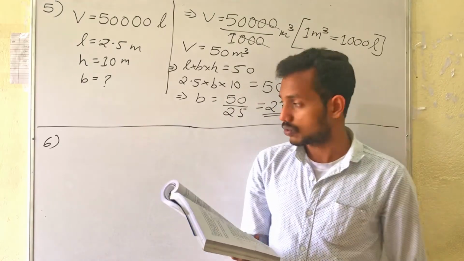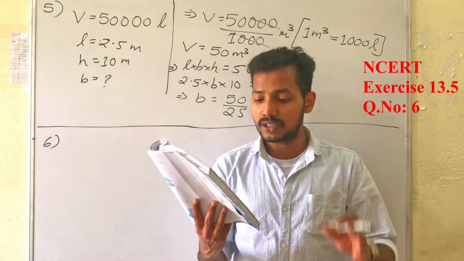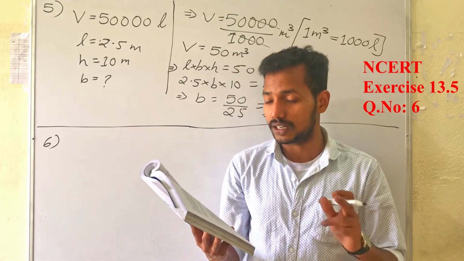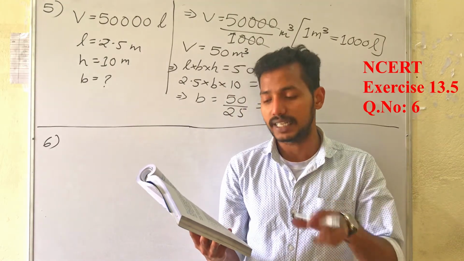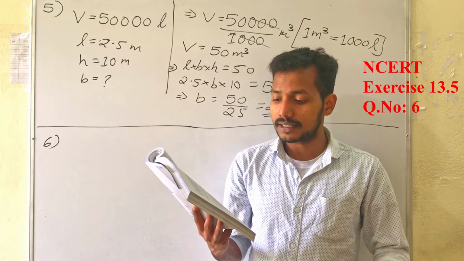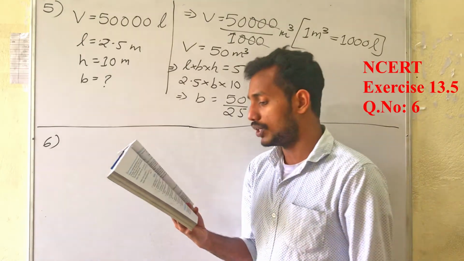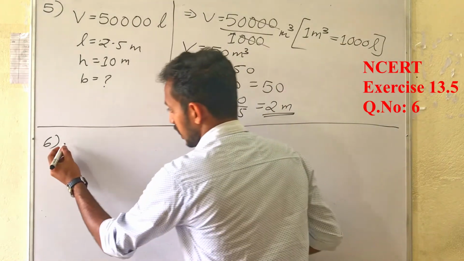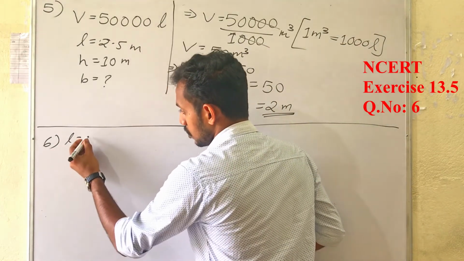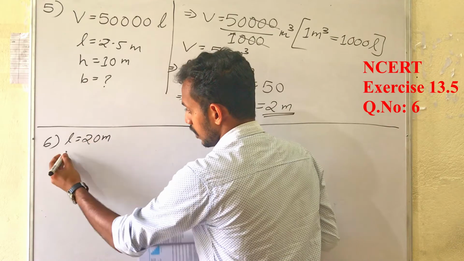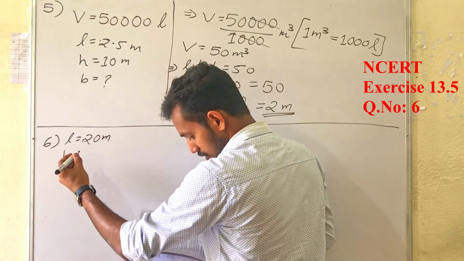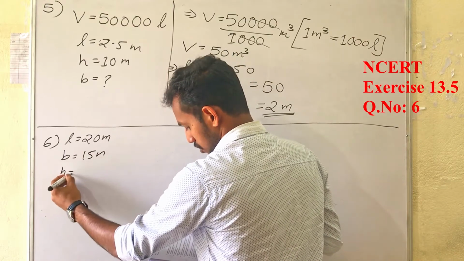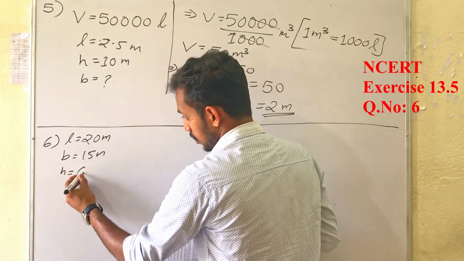Next, I am going to discuss question number 6. A village having a population of 4,000 requires 150 liters of water per head per day. It has a tank measuring 20 meter, 15 meter, 6 meter. So the length is given 20 meter, breadth is 15 meter and height is 6 meter.